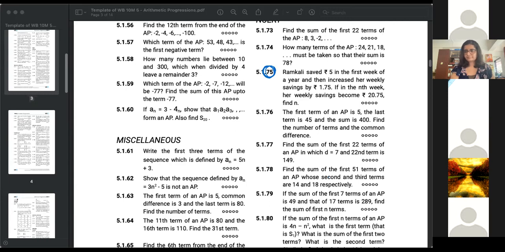Ma'am, I sent him the answer. Oh yeah, Aditya. Same, ma'am. I just received it. I'll check it. All of you got the same answer, which means must be correct, but I'll verify it.